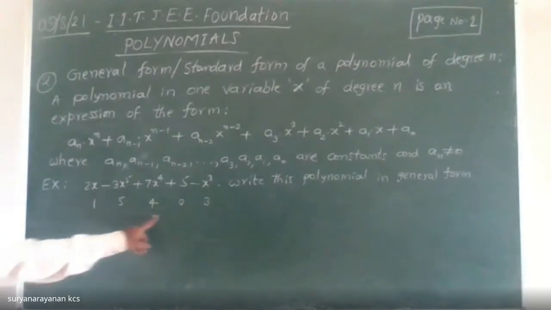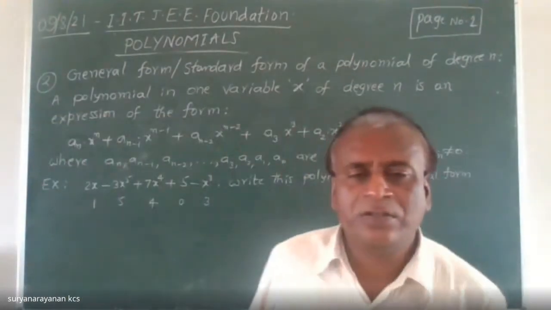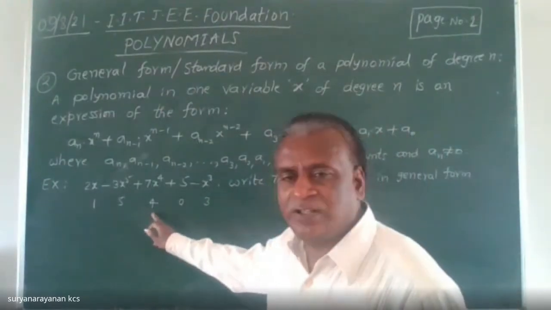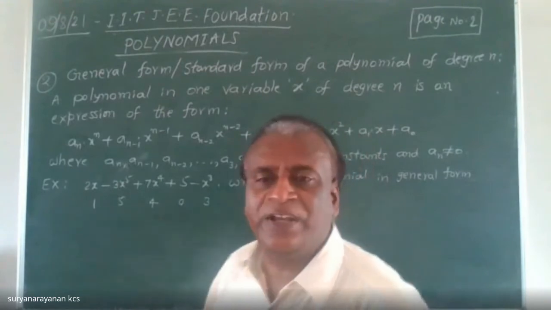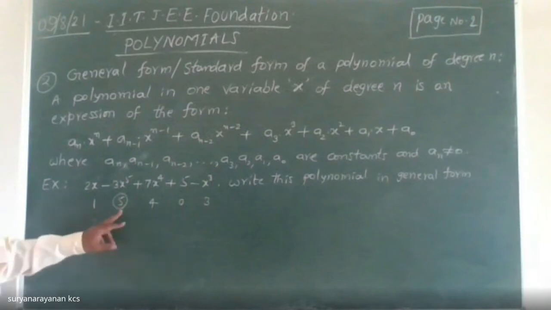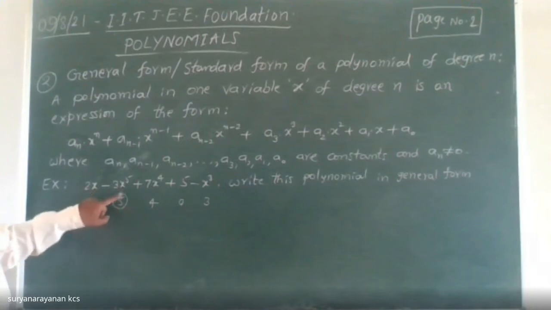Now, see these numbers. Are these numbers in the descending order? No, sir. So, we have to rearrange these numbers in the descending order. So, first we have to write 5. Yes or no? First the bigger number: 4, 3, 1, 0. So, what is the highest power of x here? 5.